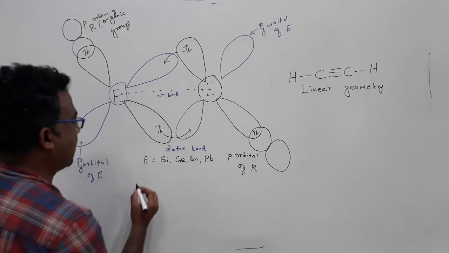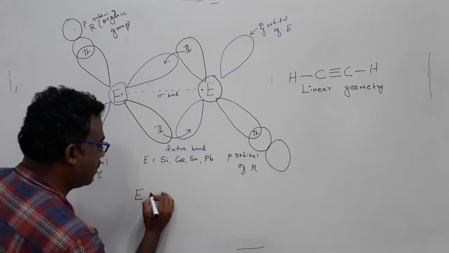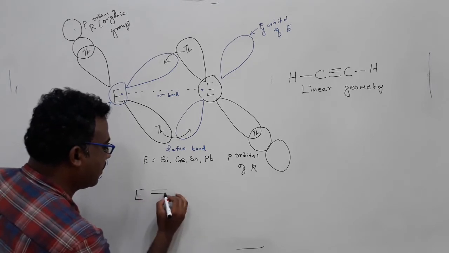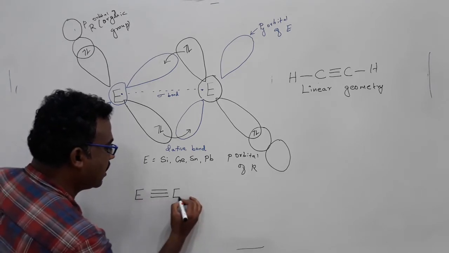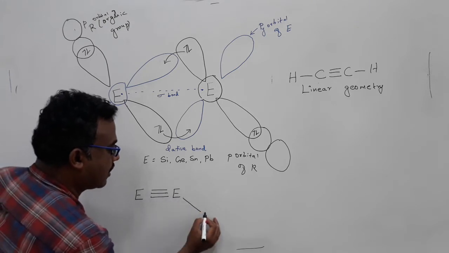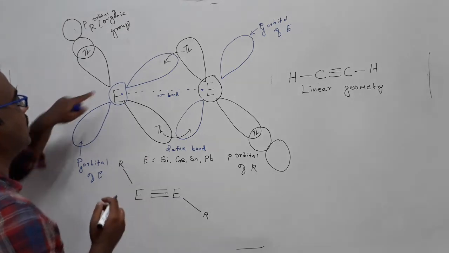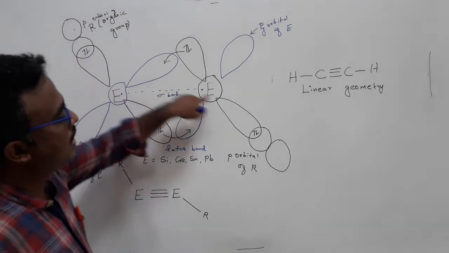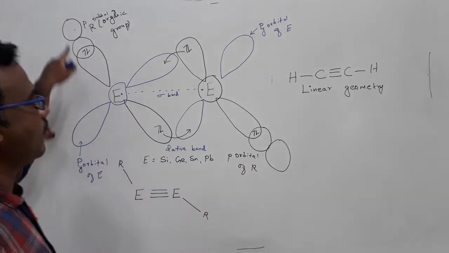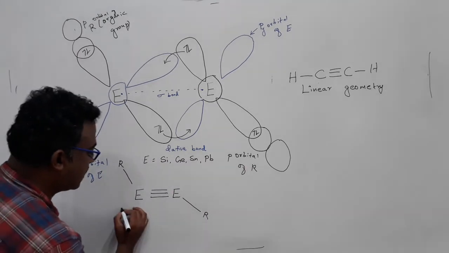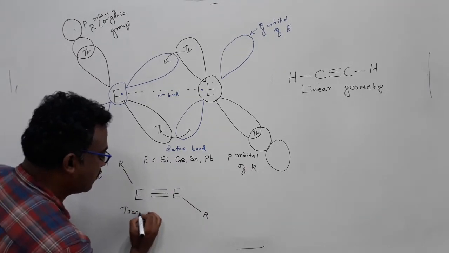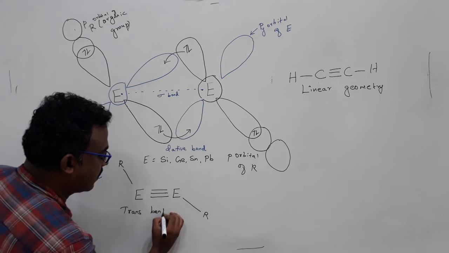Overall geometry, if you see E triple bond E, R and R. You can see the structure E R E R. So the overall structure is again trans-bent geometry.